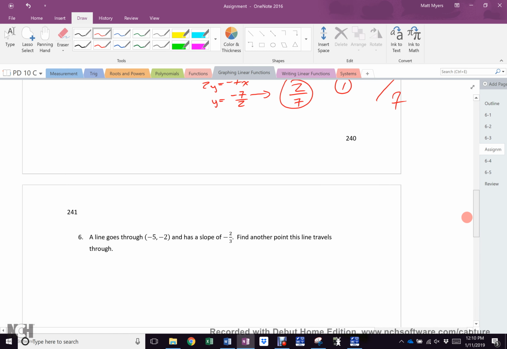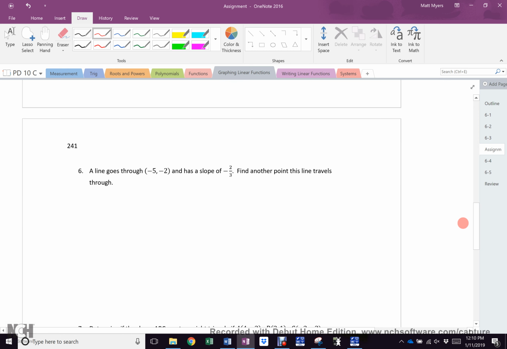What do you know about slope? It's rise over run, and it's also the change in y over the change in x. So if I am sitting at negative 5, negative 2, and my slope is negative 2 over 3, that means I must drop 2 spaces from negative 2, correct?